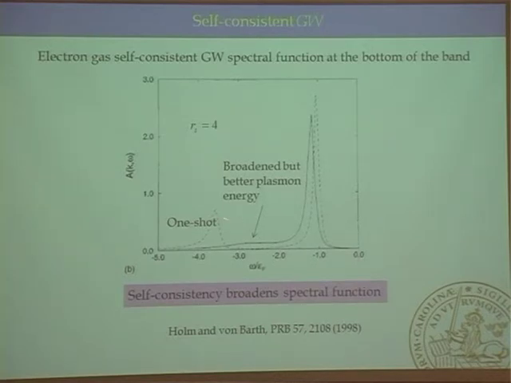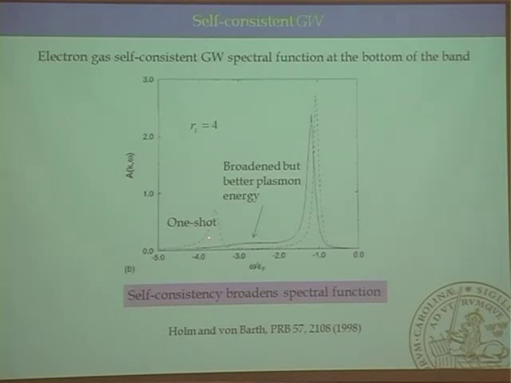So this is the effect of self-consistency on the spectral functions. The dash is the one-shot result, with the quasi-particle peak here, and then there's this plasmon satellite. But it turns out that the plasmon satellite in GW is usually too high in energy. So the separation between this and this is too large.